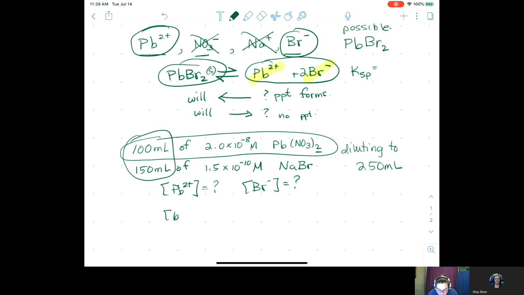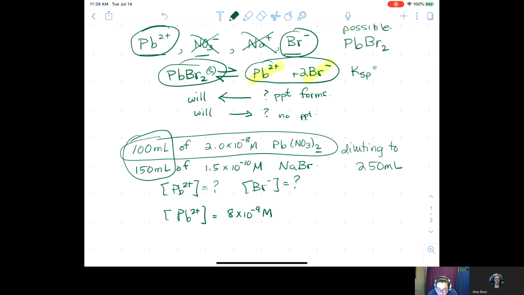The concentration of the Pb2+ ion, you guys double check my calculations, I get 8 times 10 to the minus 9 molarity. I would want to keep extra sig figs. This is all my calculator's given me, so I'm not going to necessarily write the 0.000.